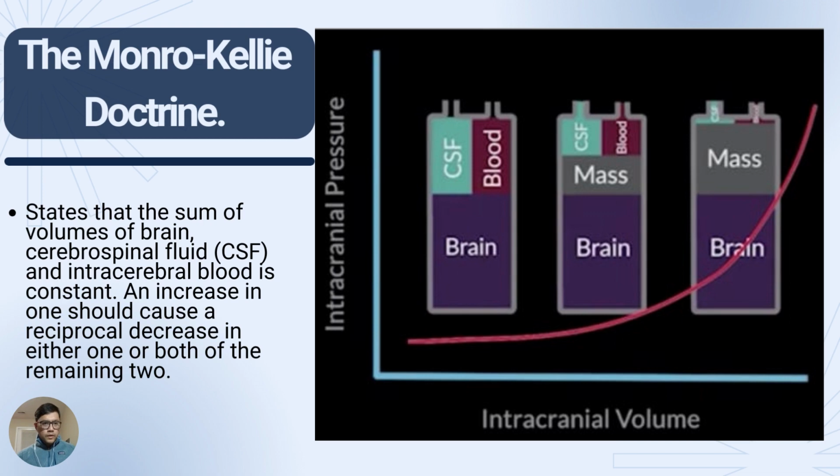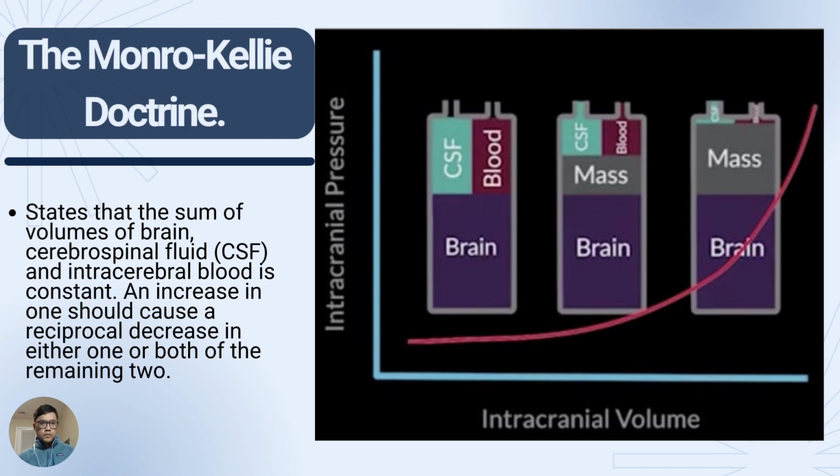Let's talk about the Monro-Kellie doctrine, which states that the sum of volumes of brain, CSF, and intracerebral blood is constant. So an increase in intracranial volume also increases your intracranial pressure.